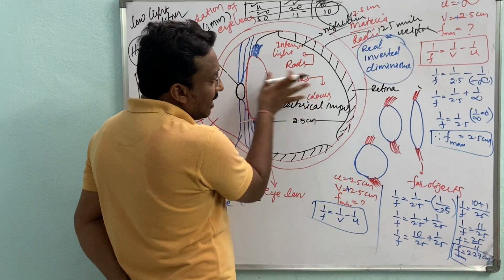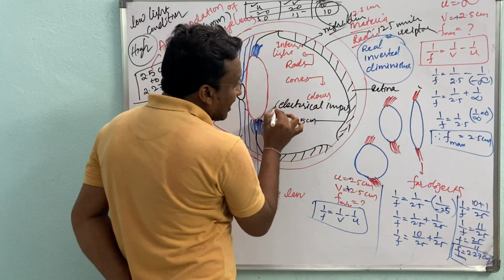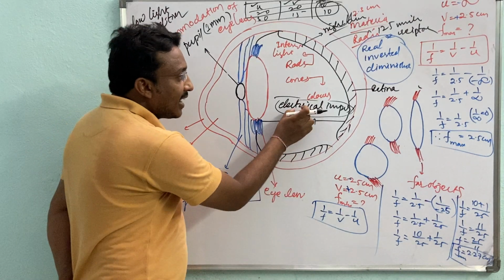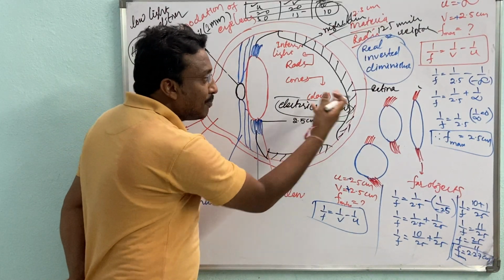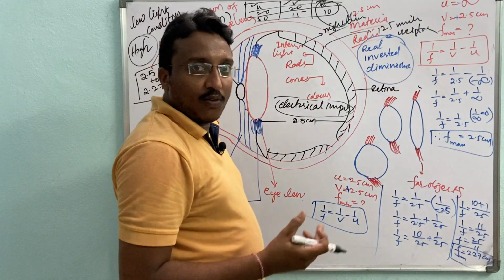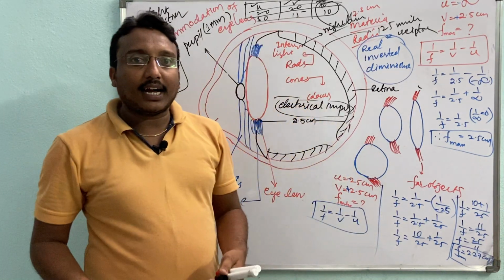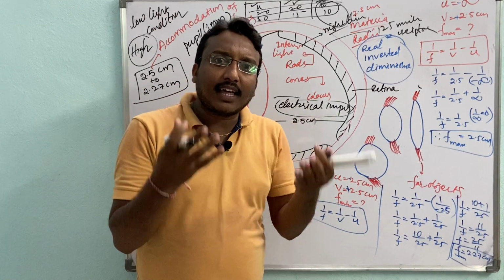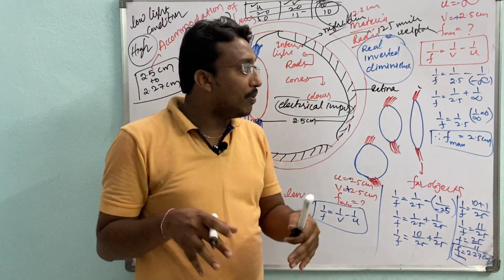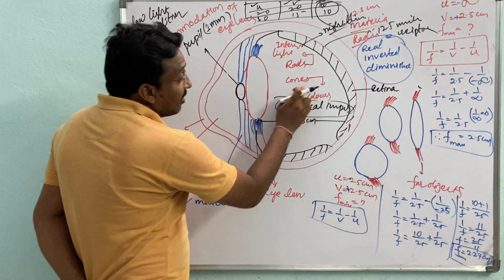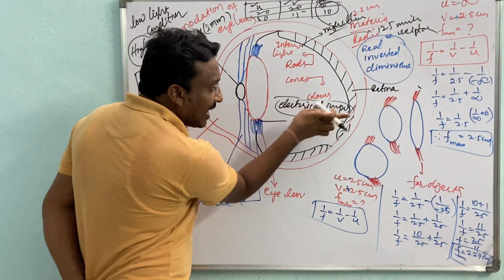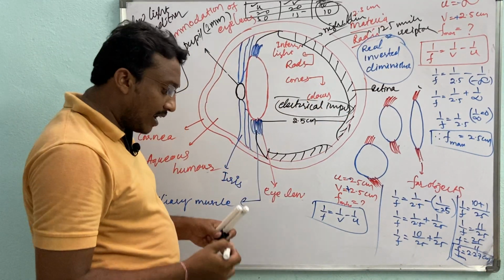The light is converted into electrical impulses by these rods and cones. Electrical impulse is the script of rods and cones. What is our script? To communicate between any two persons, we use either English or Telugu. This is our script. But the rods and cones convert it into electrical impulses.